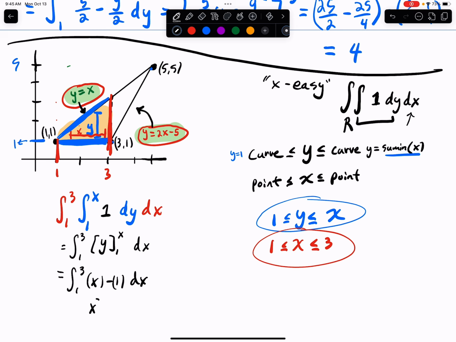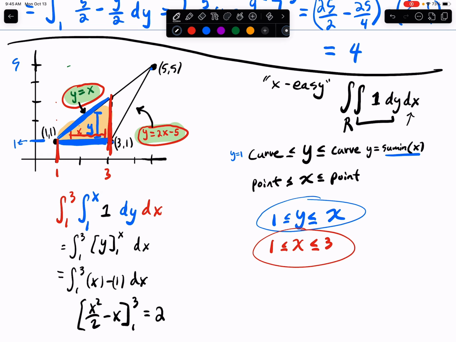So that's x squared over 2 minus x from 1 to 3. All right, which is equal to, was that equal to 2? All right, 9 over 2 minus 3, minus 1 over 2 minus 1. And then f of b minus f of a. We should get 2. All right.